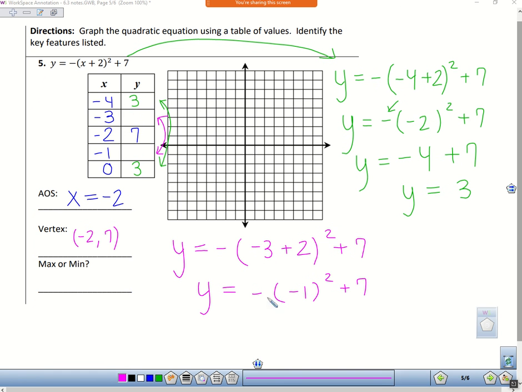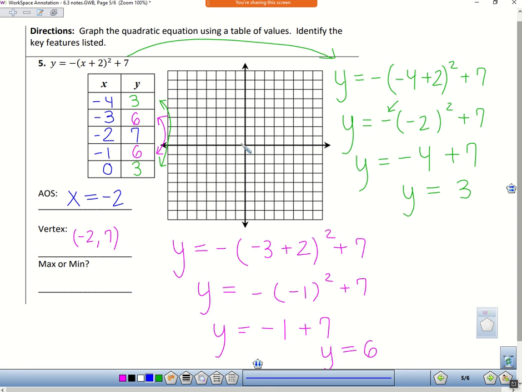Positive 1, but then it becomes negative again because of that negative sign on the outside. You did say negative 1 first, but I just want to make sure you understand why it's negative. So, what is 7 minus 1? 6. Good. So this is 6, which means this is also 6. See that pattern of symmetry that the quadratics have?